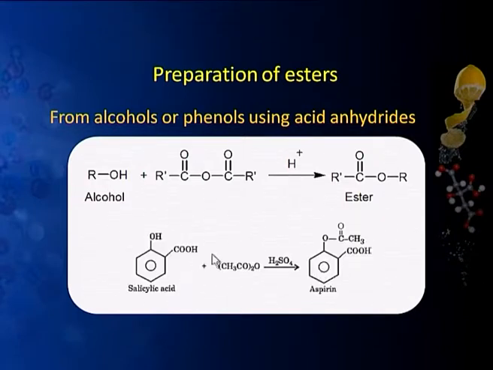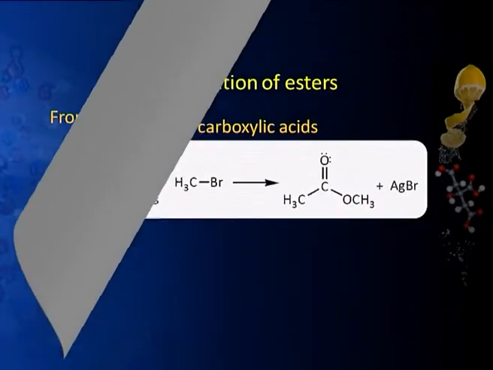For example, salicylic acid, a phenol, can form the corresponding ester using acetic anhydride in presence of sulfuric acid. We get this compound which is named acetyl salicylic acid. The acetylation of this hydroxyl has occurred using acetic anhydride and this is used as a medicine called aspirin.